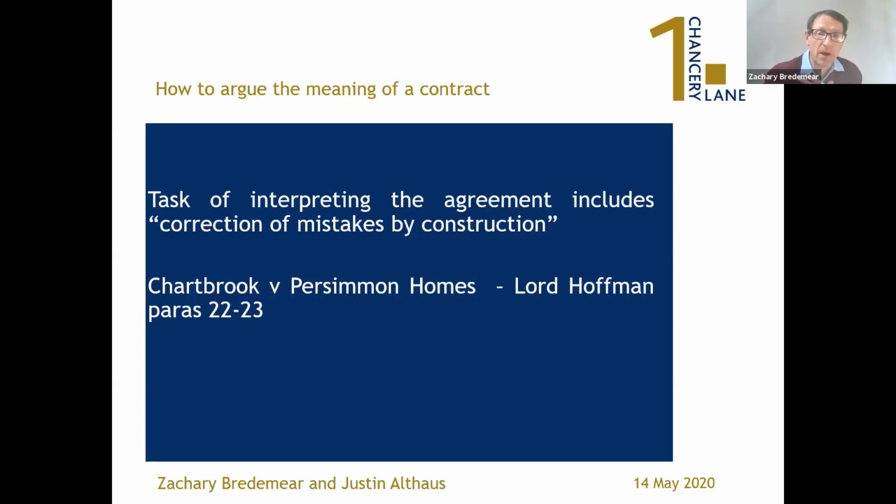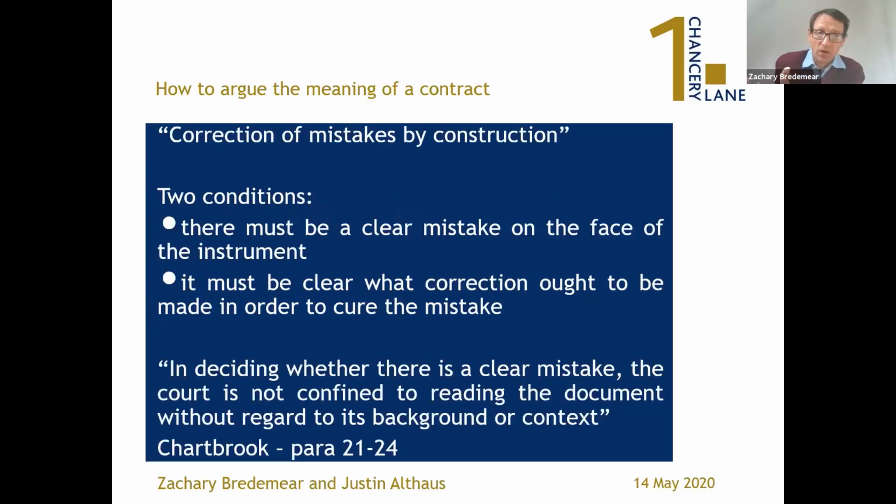When, for example, somebody calls me by my son's name rather than by my name, I know exactly what it is they mean. In the same way, one construes contracts in that way. But there are two conditions. Firstly, there must be a clear mistake on the face of the instrument. Secondly, it must be clear what correction ought to be made in order to cure the mistake.